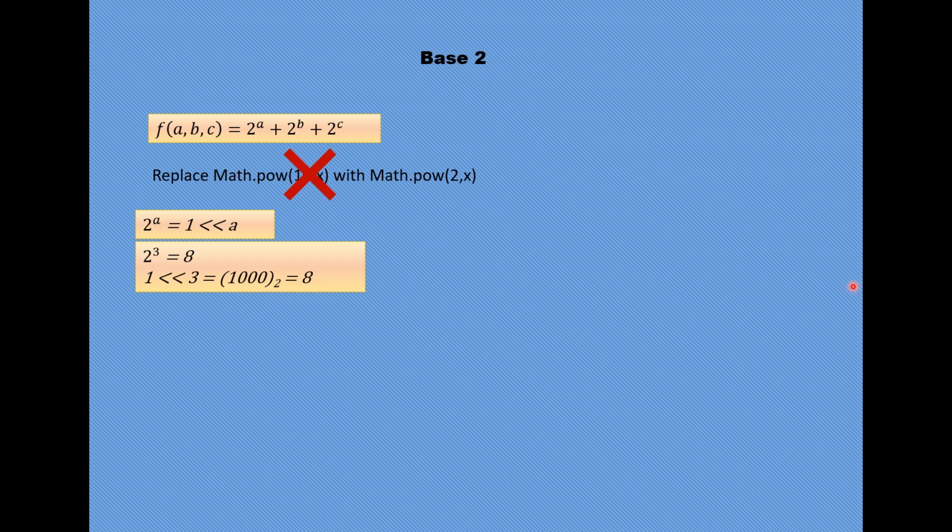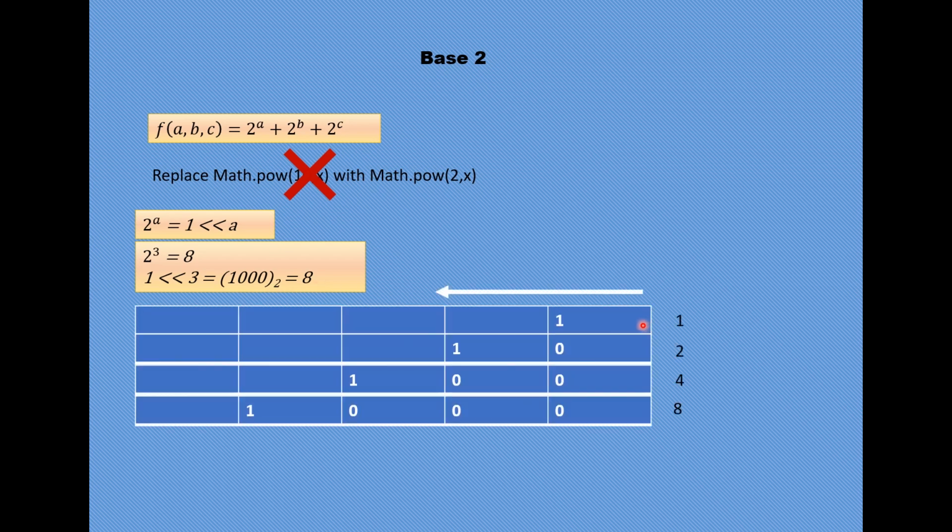So the more you shift 1 to the left, you are simply multiplying by 2, or in other words, you are simply increasing its power. If you are shifting 1 by 1, you are getting 2, because this is 2 raised to 1. You shift 1 by 2 positions, you get 2 raised to 2, which is 4. And so on. So this function will work, and the shift operator will work.